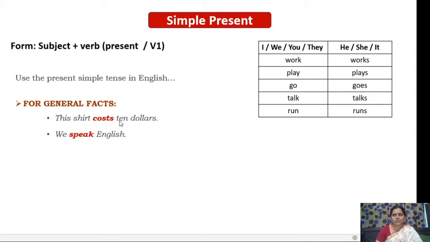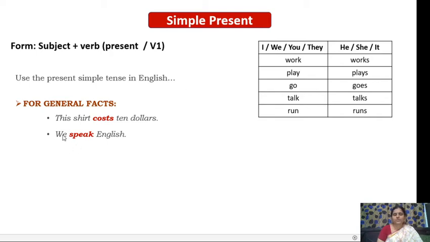Usually, when we are trying to convey or express general things, then we have to make use of the simple present tense form only. So let us take the other example. We speak English. Here, we is the first person plural.